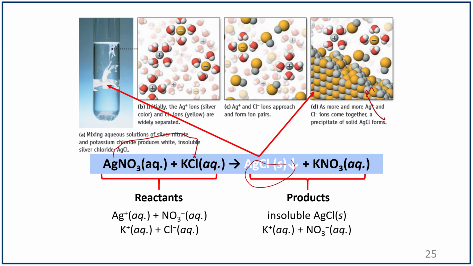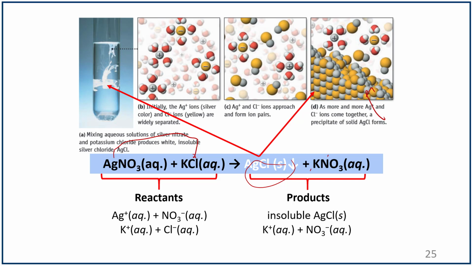But potassium nitrate is soluble in water. So potassium nitrate will still actually dissociate into potassium and nitrate ions in solution. So here potassium nitrate is still a strong electrolyte, whereas silver chloride is not.